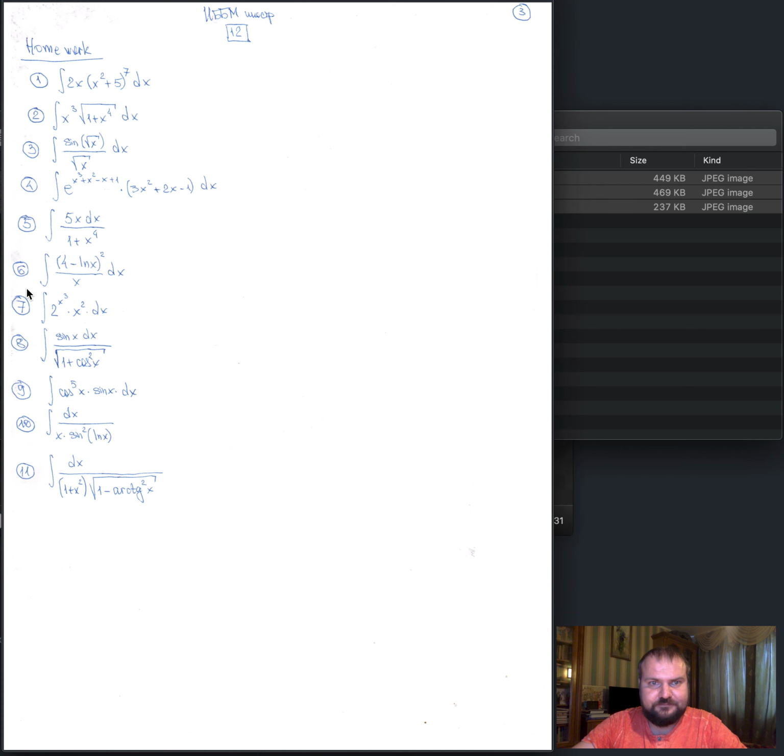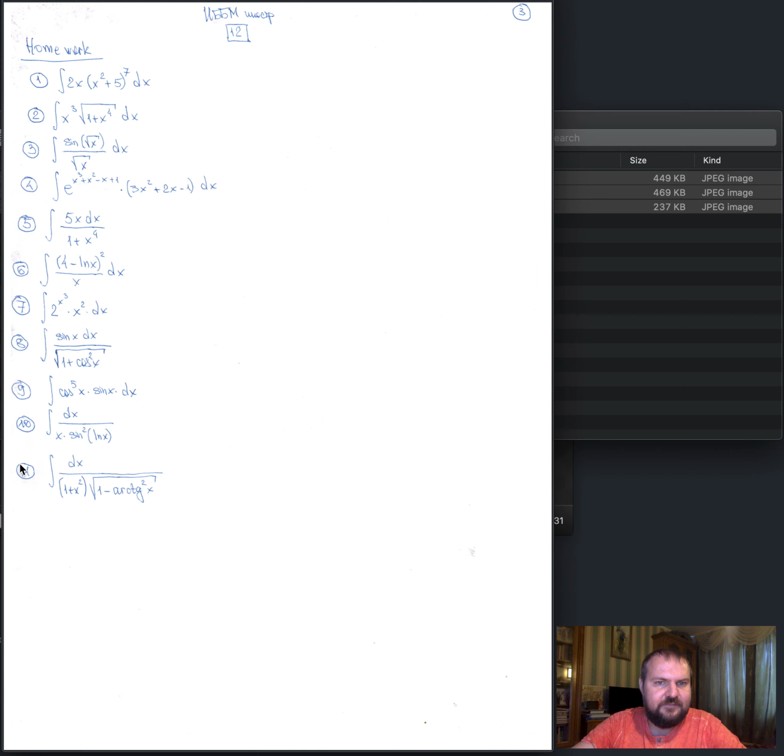Number 6, the integral of the bracket 4 minus logarithm x, this bracket squared, divided by x dx. Number 7, 2 to the power x cubed multiplied by x squared dx. Number 8, the integral of sine x dx in the numerator, divided by the square root of 1 plus cosine squared x in the denominator. Number 9, the integral of cosine to the 5th of x multiplied by sine x dx.